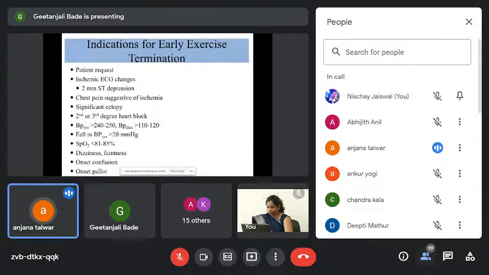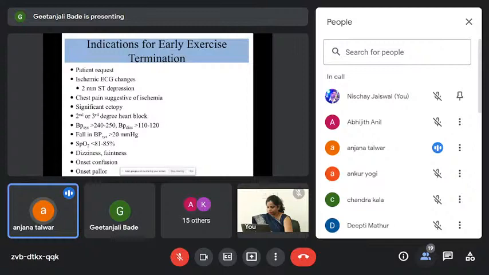Also, some training is required for cycling because we don't cycle every day, whereas we do walking as an everyday activity. But with the bicycle ergometer, BP recording is much easier, and the movement artifacts are less, so the ECG also can be read easily and the quality of the ECG produced is better.